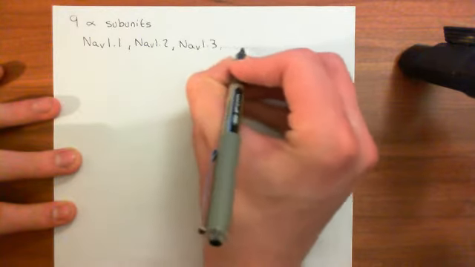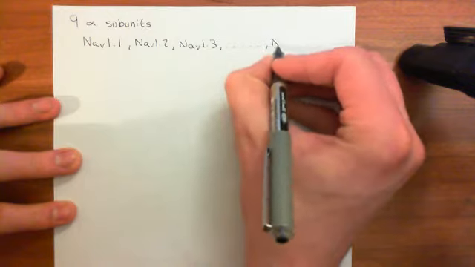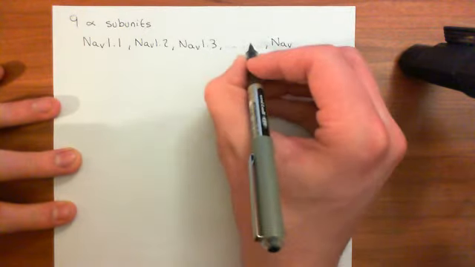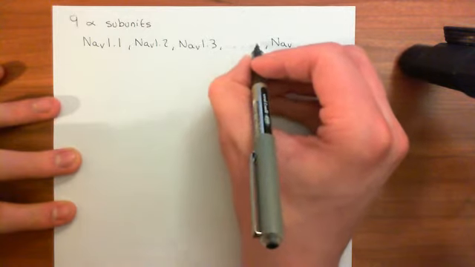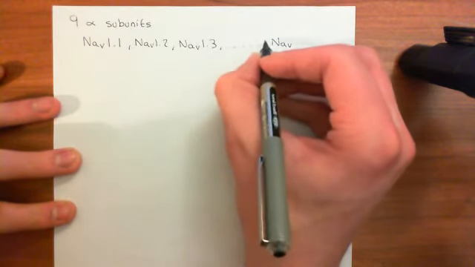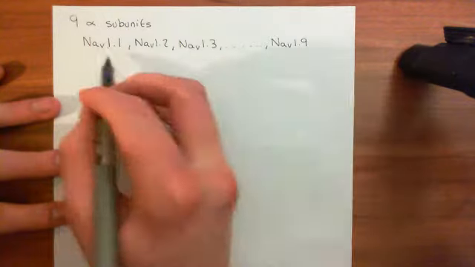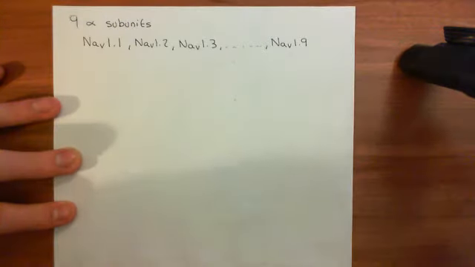It goes all the way on to NAV 1.9. So you have NAV 1.4, NAV 1.5, NAV 1.6, NAV 1.7, NAV 1.8, and then finally NAV 1.9. So that's the simple naming system for all of these alpha subunits of voltage-gated sodium channels.